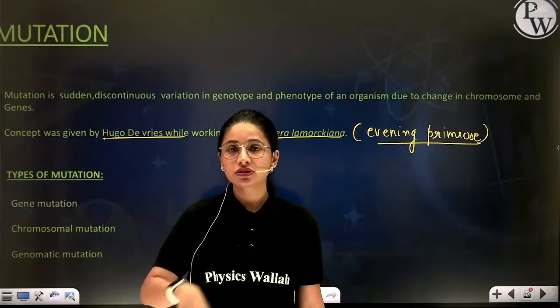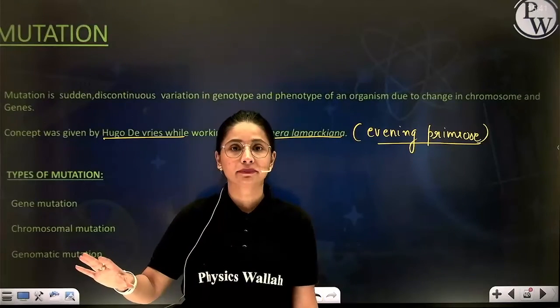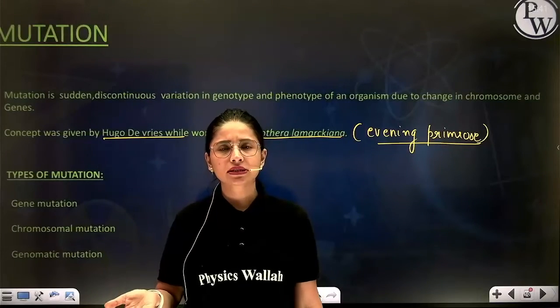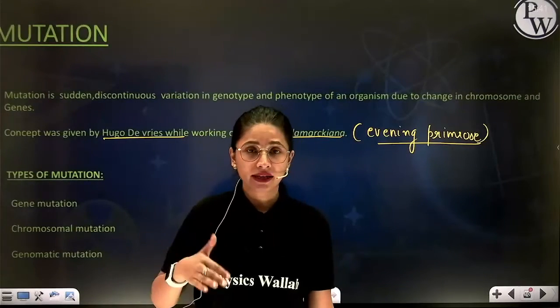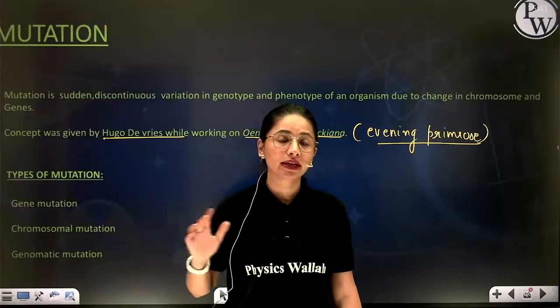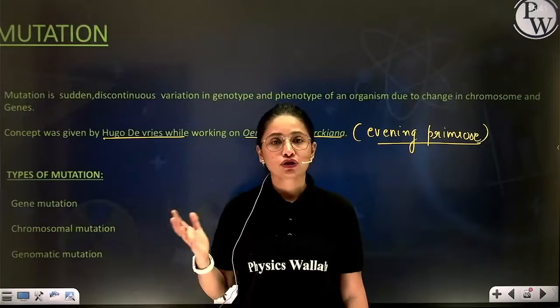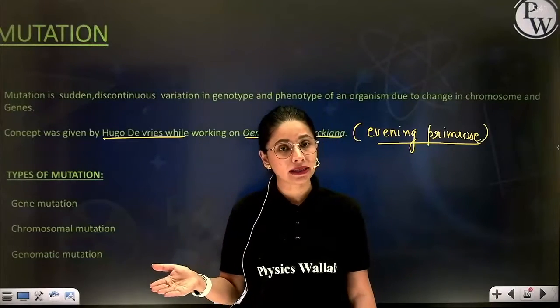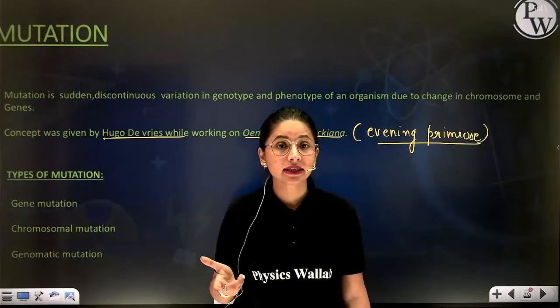These mutations are not properly heritable. You can say that mutations can be of two types: mutations which can be inherited and mutations which cannot be inherited. Usually mutations are not passed from one generation to another, hence they are discontinuous.